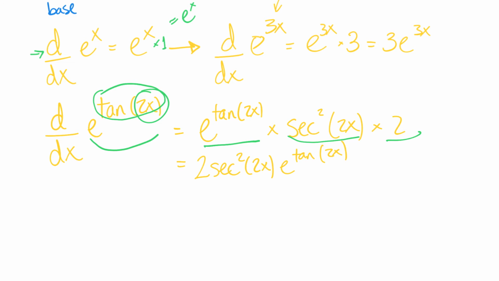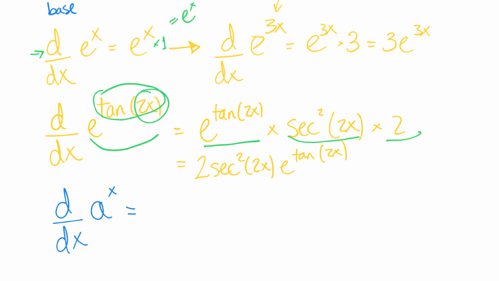Now, just to complicate it a tad more, what happens if the base is not e? What happens if you get the derivative with respect to x of, let's call it a to the power of x, where a can be any number? Well, in that case, and this is a little bit of a formula that you just need to memorize and just use.